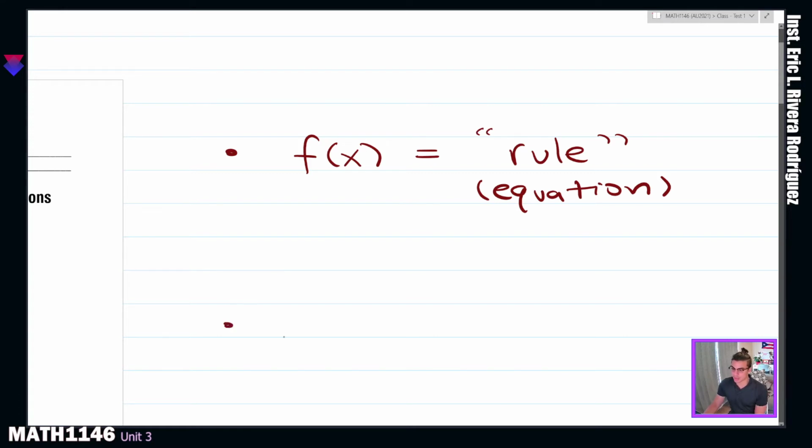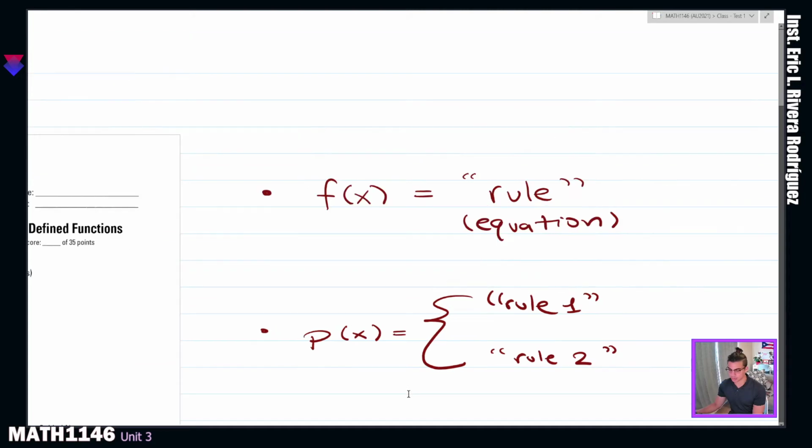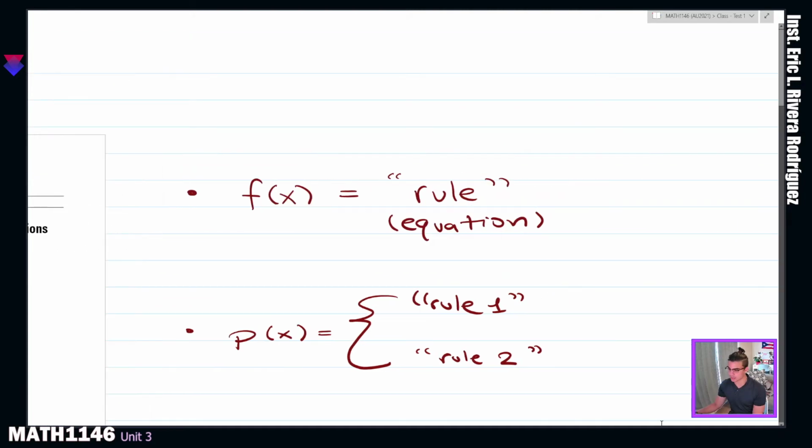Now, what we are seeing is a function that will have multiple rules. So we have this new way of defining a function with multiple rules.